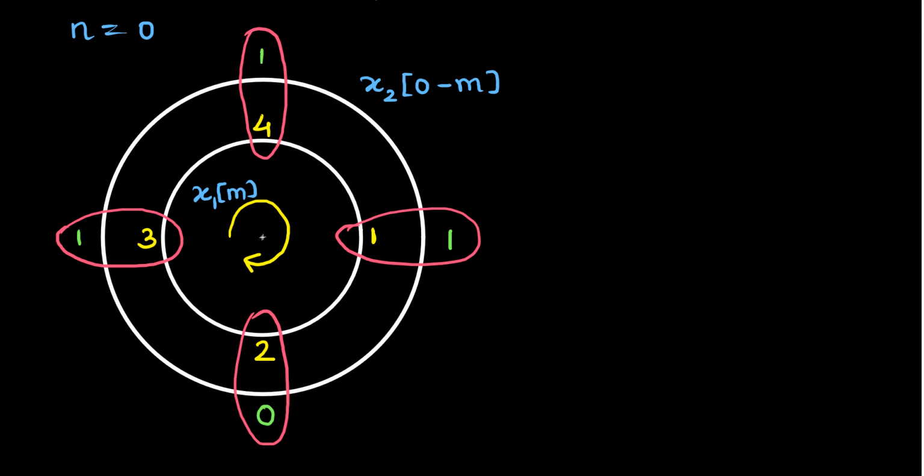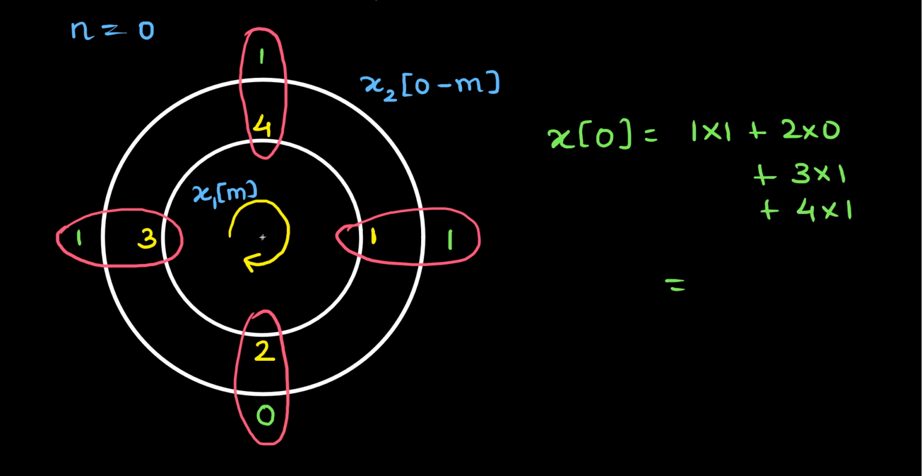So when we multiply, the value of x of n for n equal to 0 would be given as 1 into 1 plus 2 into 0 plus 3 into 1 plus 4 into 1, which is equal to 8.